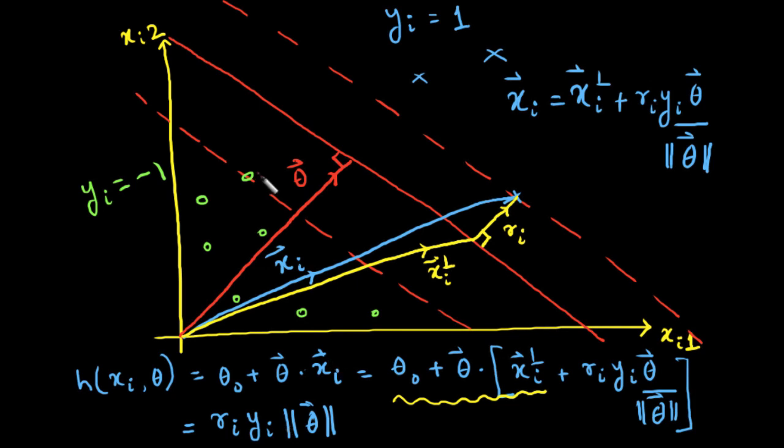Great. So now what is our objective? Our objective is to find a decision boundary so that it maximizes the distance of the closest points on either side of the boundary. And this is how we avoid worrying about if there are any outliers far away from the decision boundary. So essentially what we are trying to maximize is our value Ri.